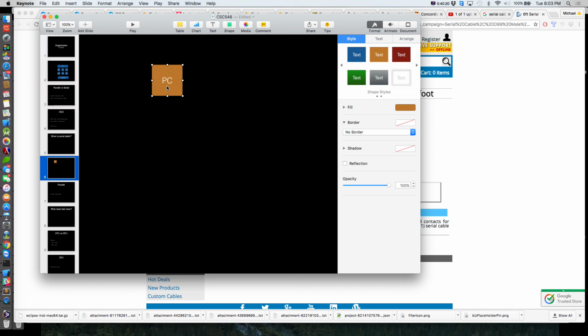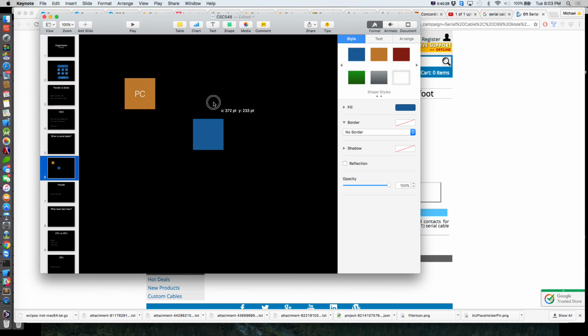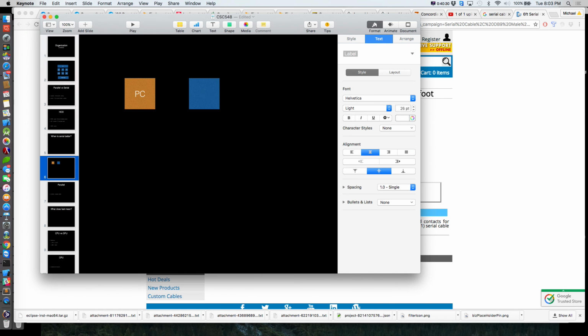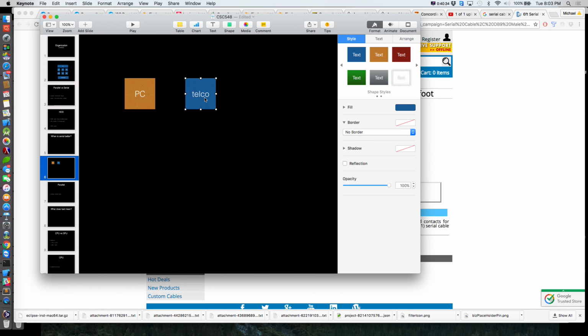No, I already chose orange. All right, we went blue for analog? Okay, so this is our telco. That's our telephone line, right? Here, we'll make it skinnier like it's a line. All right, and this is analog.